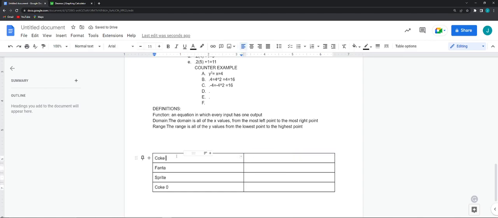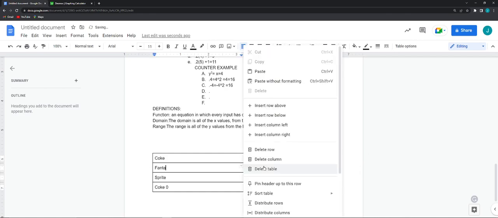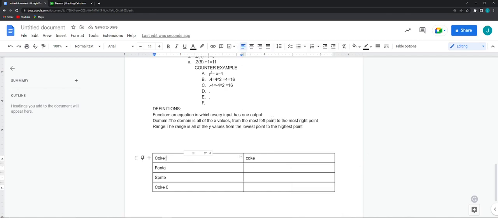So if we click the Coke button, we get Coke. If we click the Fanta button, we should get Fanta. Sprite, Sprite, and Coke Zero is Coke Zero. So this is a function because when we click something, we get the same thing every time.